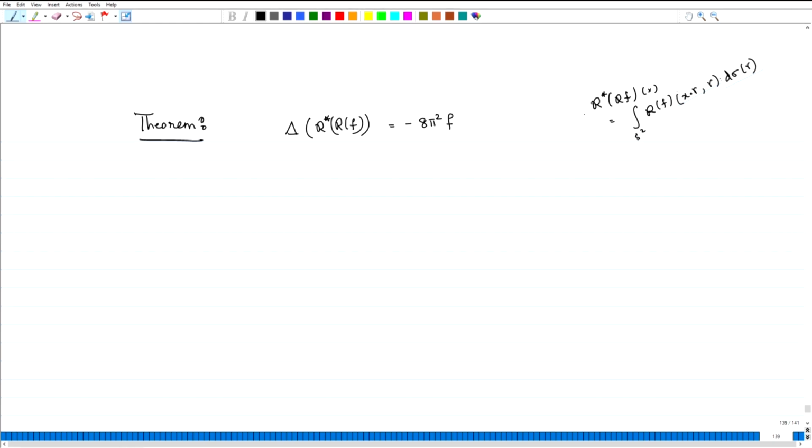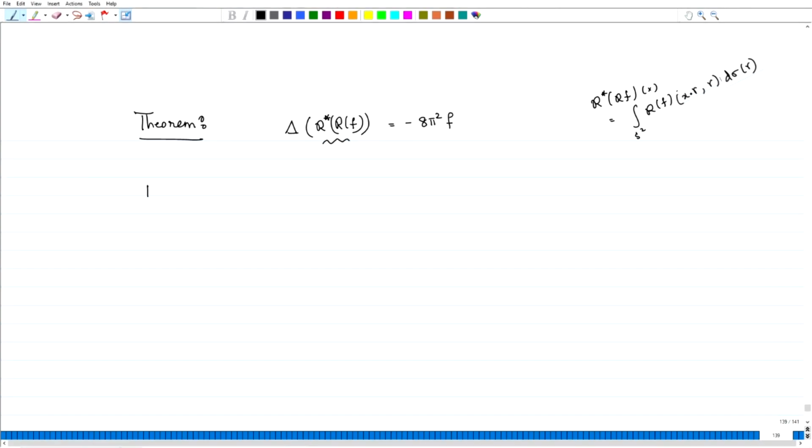We can compute this, then take the Laplacian, and we get our f. That is the reconstruction formula through the Radon transform. By looking at the two-dimensional images, this formula tells us how to reconstruct our f.